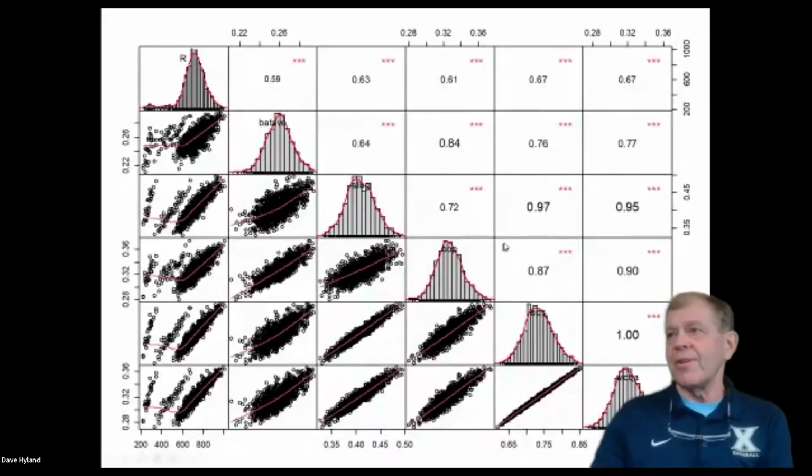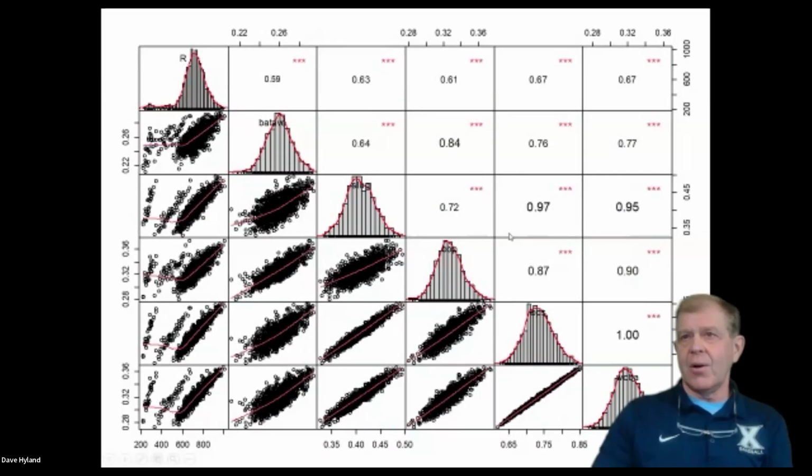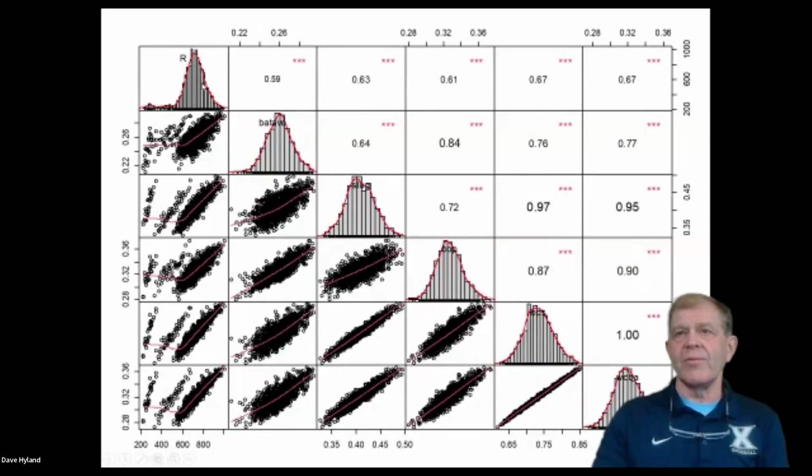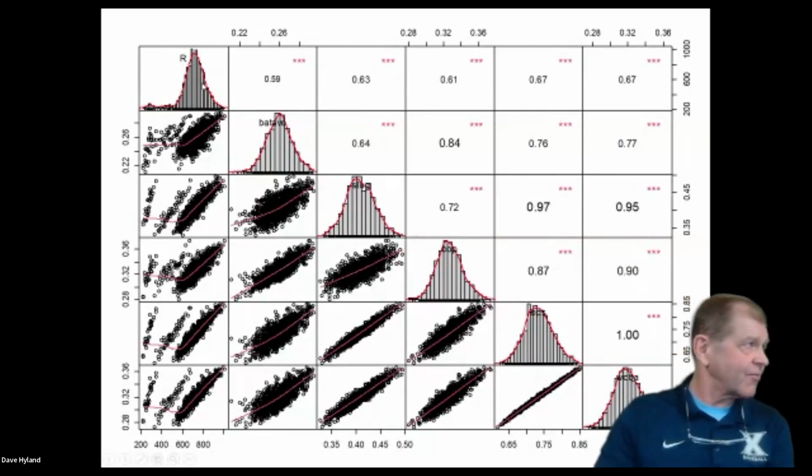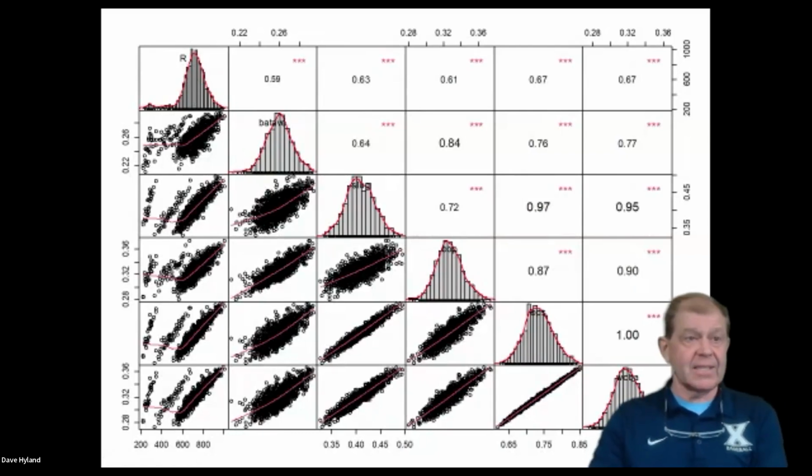And then if we look further, and this is just a correlation, my top row is runs, and we've got correlations between different team batting statistics. So this is team runs, team batting average.